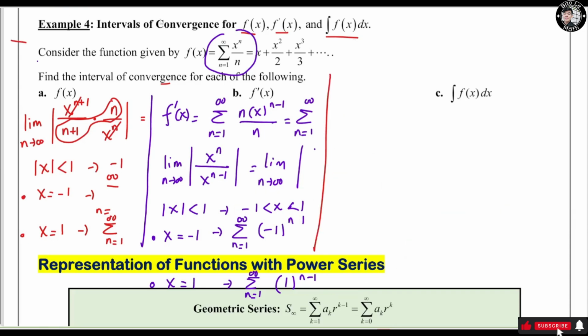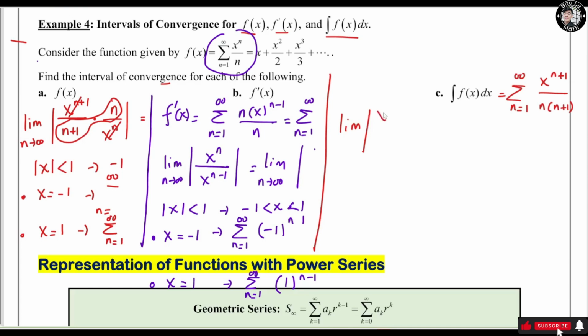Now question C. We're going to take the nth derivative of this one. So it could be the series n goes from 1 to infinity of s raised to the n plus 1 over n plus 1 times n. Now we're going to use the ratio test. So we're going to have the limit of the absolute value of a sub n plus 1 over a sub n.